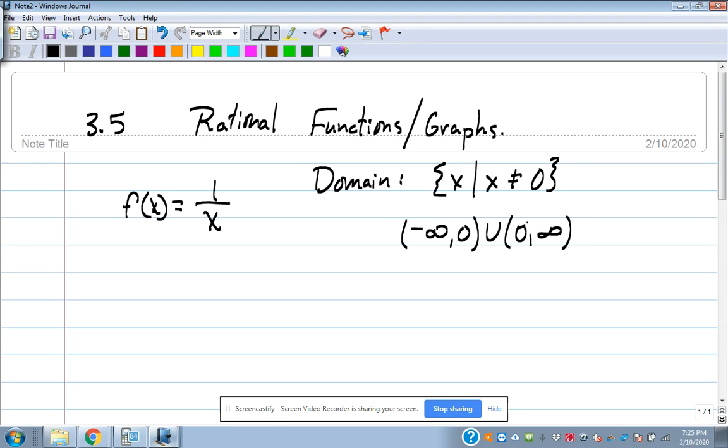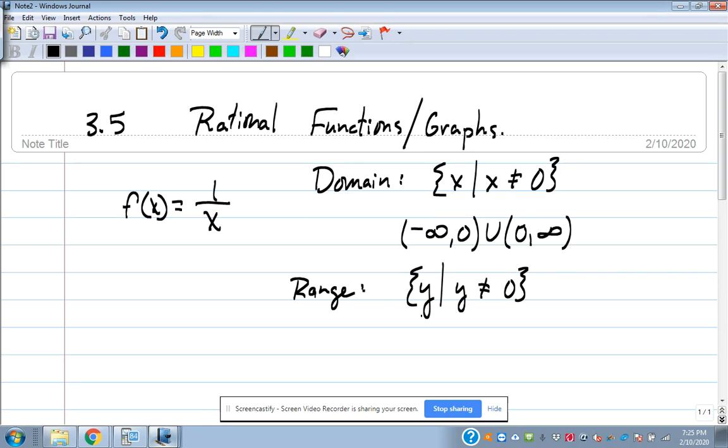We're obviously going to get more complex than that later on. The range for this happens to have a horizontal asymptote, which we'll talk about in just a minute, at 0.